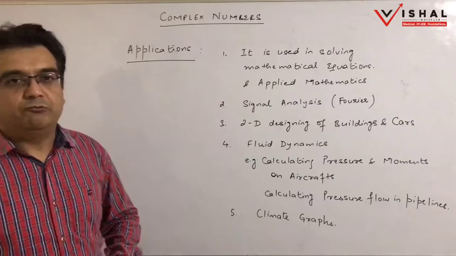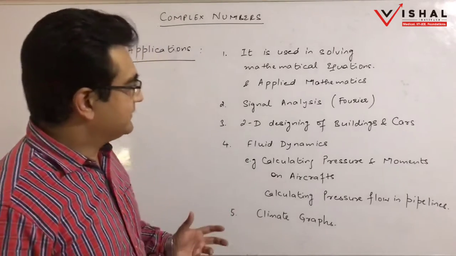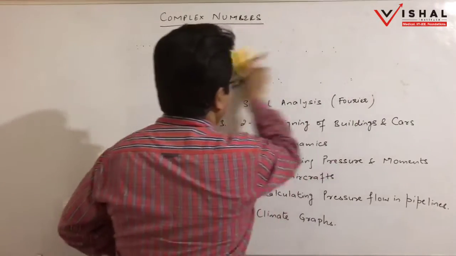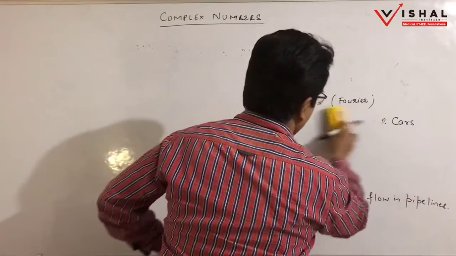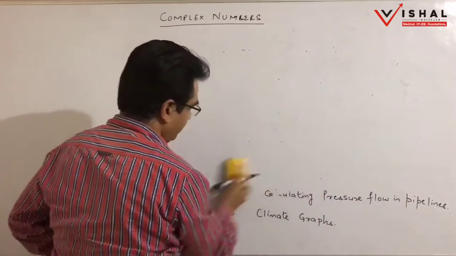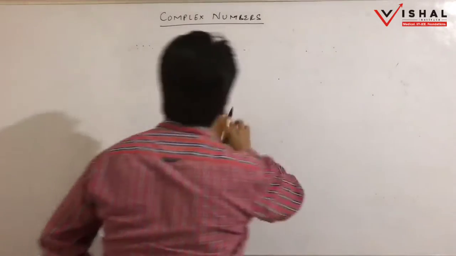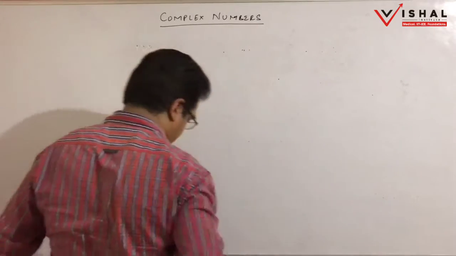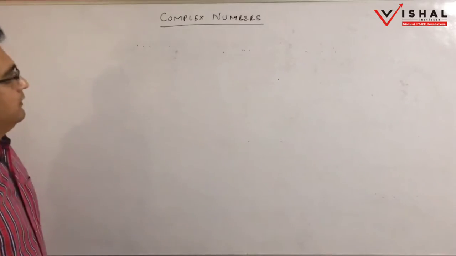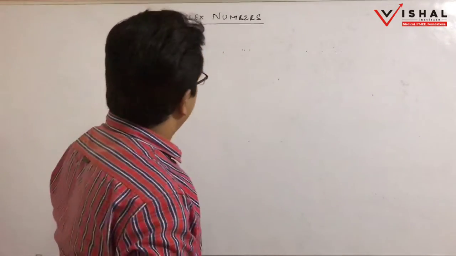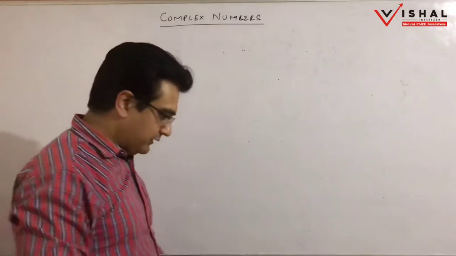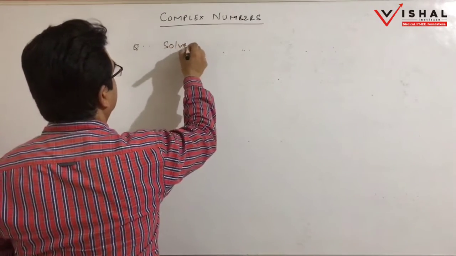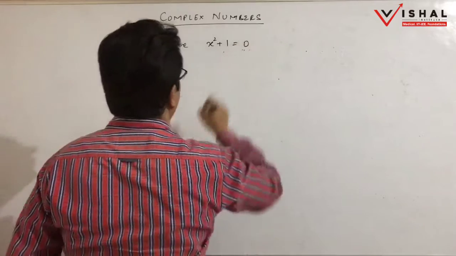Now, what is a complex number? Let's take one equation to understand a complex number. Suppose we have to solve x square plus 1 equal to 0.